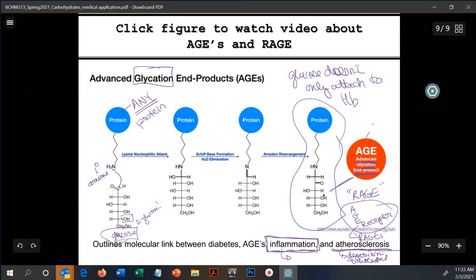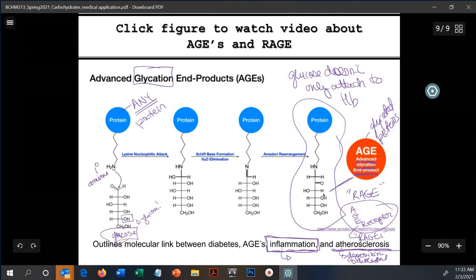So these are glycated proteins. And once these bind to a RAGE, we can have that cytokine response, inflammation, which promotes cellular damage, and right, it's not a good thing.